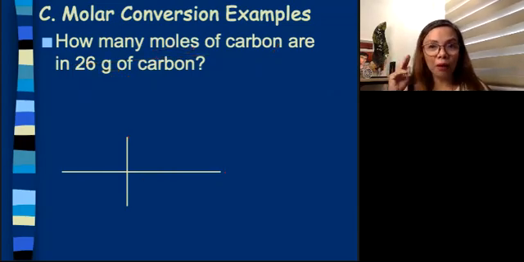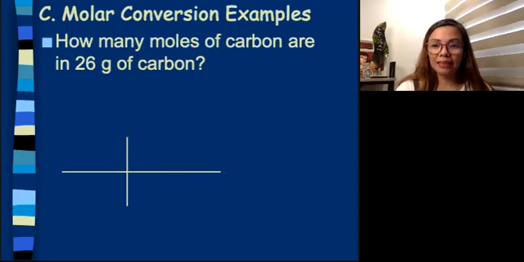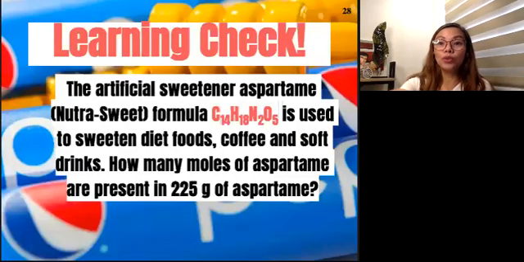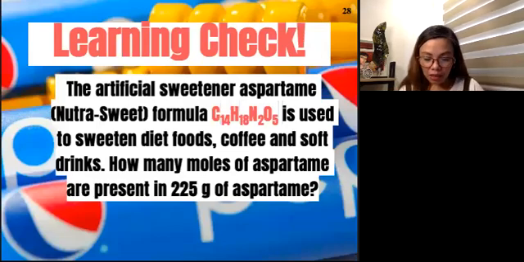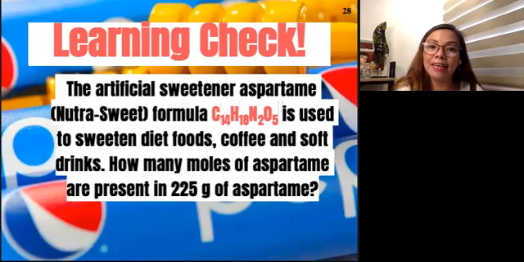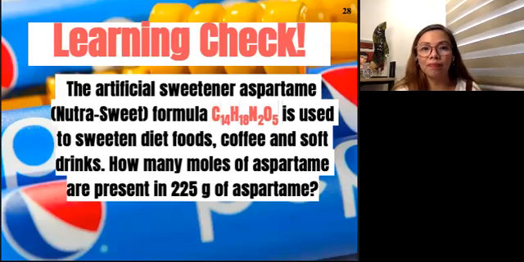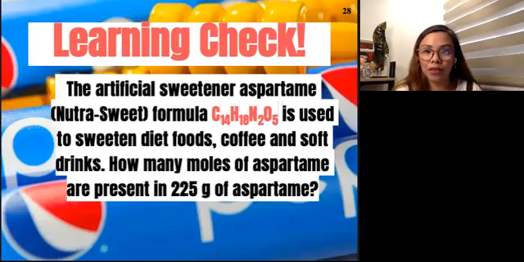Second example, I will have my third and last example for mole to mass, mass to mole conversion. Okay. Here is a problem. Let me read. The artificial sweetener aspartame, NutraSweet, formula C14H18N2O5, is used to sweeten diet foods, coffee, and soft drinks.